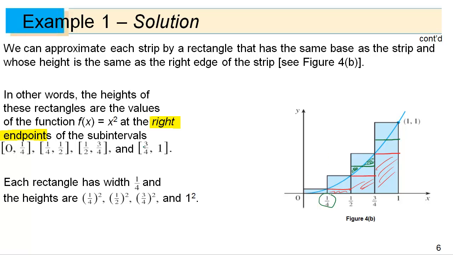So you would plug 1/4 into x squared and that's a height of 1/16, because it's 1/4 squared. And then the next one, you would do f of 1/2, and you do 1/2 squared, which is 1/4, and that would be the height here, so it would be 1/4 times 1/4. That'd give you the area of that one. Next one, 3/4 squared, or 9/16. And this last one, 1 squared, which is 1.